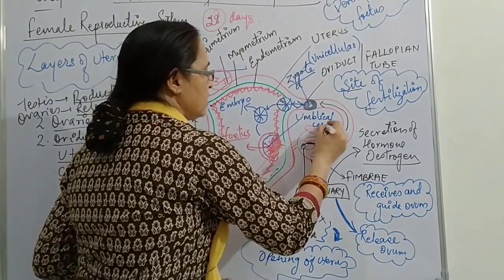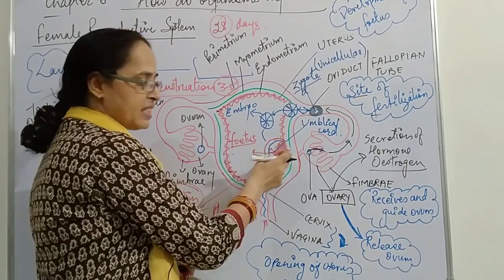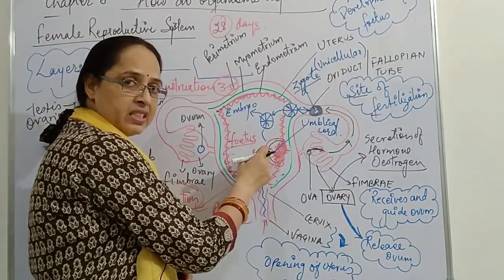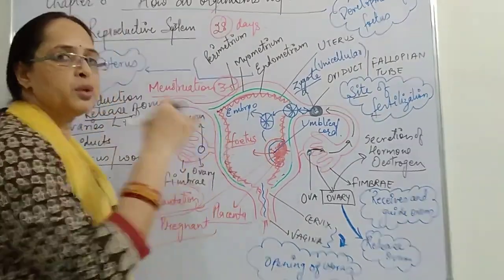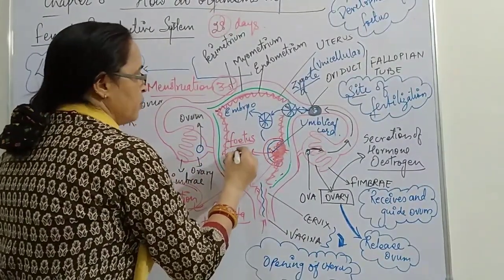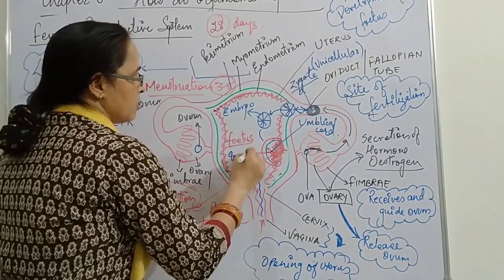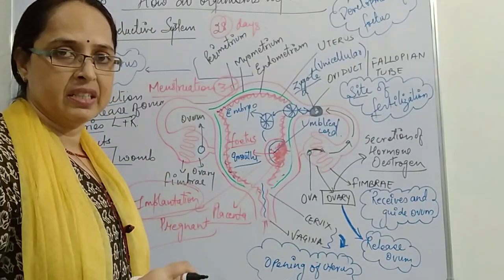It is called the umbilical cord, which is connected to the placenta and to the fetus. Now this fetus undergoes developmental changes, and within 9 months the development of the fetus is completed.